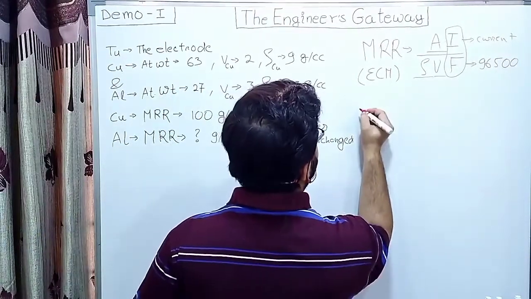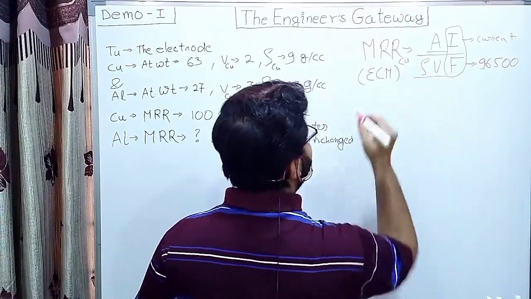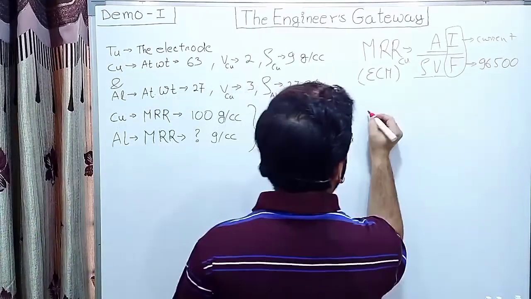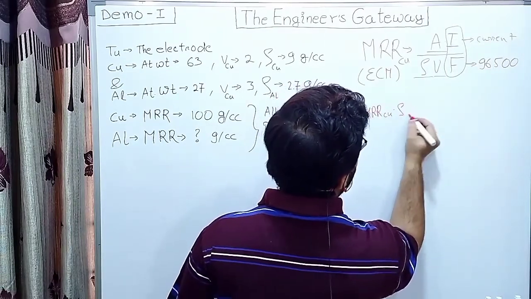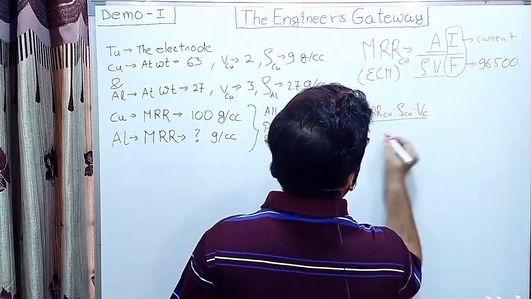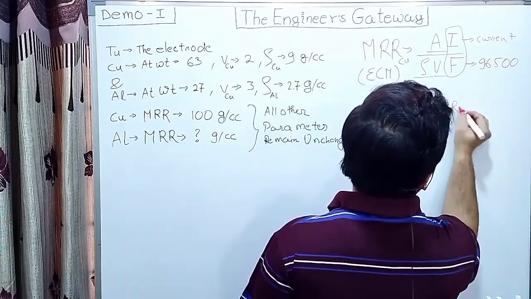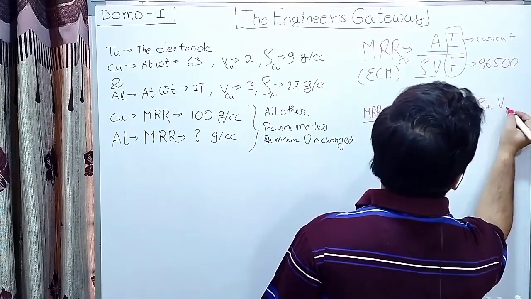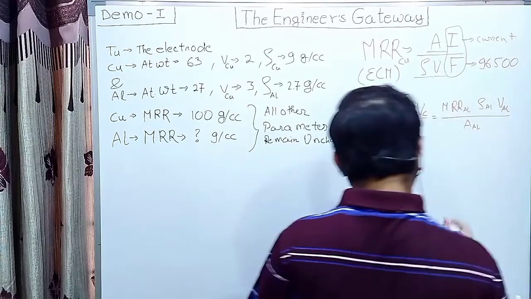So what we will get is MRR copper into rho copper into valency copper upon atomic weight copper is equal to MRR aluminium into rho aluminium into valency aluminium whole divided by atomic weight aluminium.